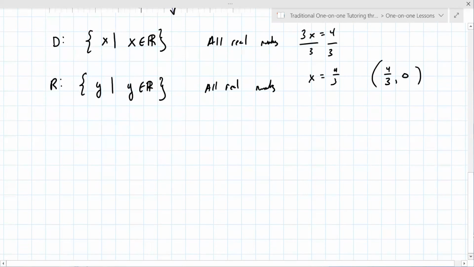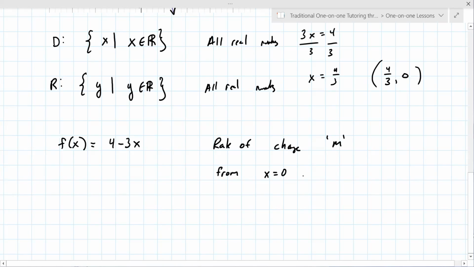Okay, so let's go back to our original function here. The original function was 4 minus 3x. And I want you to find the rate of change, which is also called the slope, from x equals 0 to x equals 2.